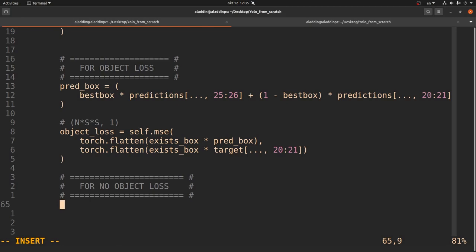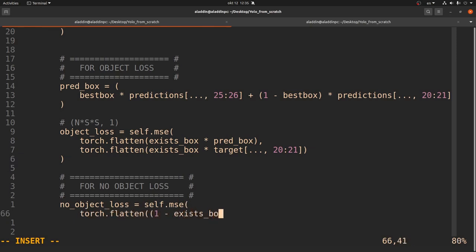Because if there's no object, I'm thinking it only makes sense that both of them should know that there's no object. So we're going to do no object loss equals self.mean squared error of torch.flatten of 1 minus exists box times the predictions of 20 to 21. And we're going to take start dim equals 1.